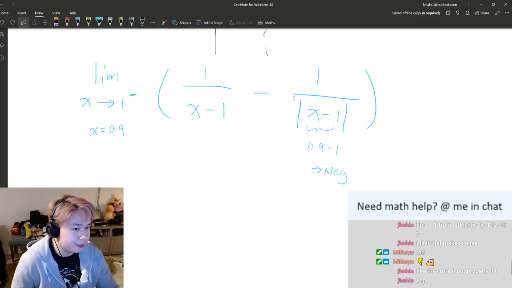So it's the same thing as before. When you have a limit from the left side, specifically for this question, these absolute value brackets, we can replace them with multiplying this by negative, which does, again, the same thing. So are you okay with this? It's the same argument as before.